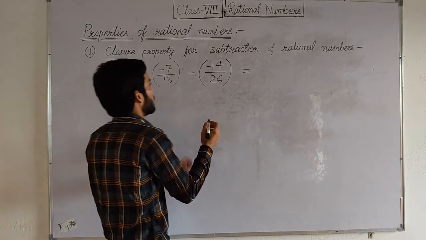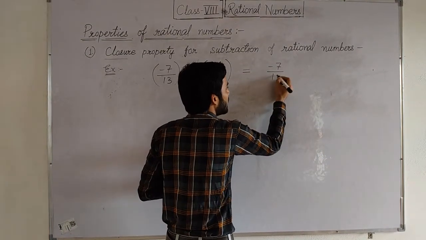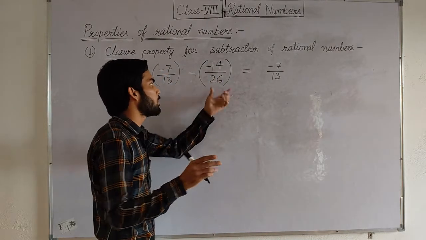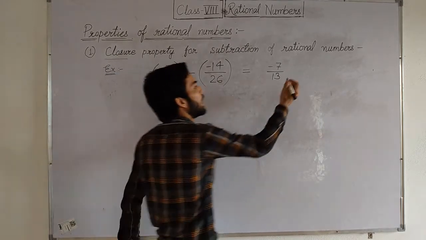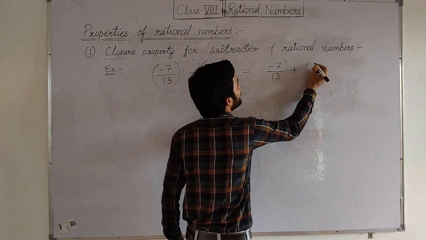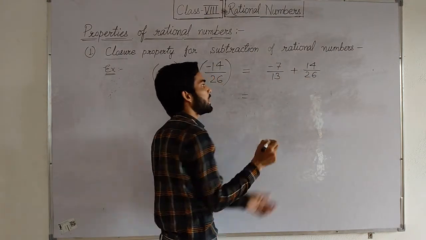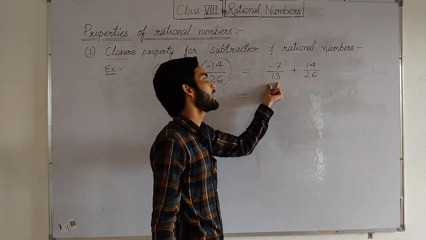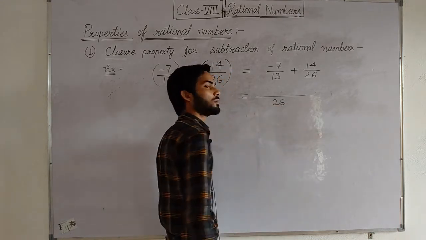So I can write minus 7 by 13. I have removed the brackets, and on removing the bracket, minus and minus sign will be multiplied and you will get plus 14 upon 26. The denominators are not equal here, so we will have to take the LCM of 13 and 26. The LCM of 13 and 26 will be 26.